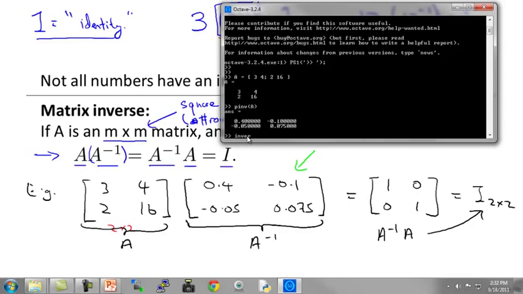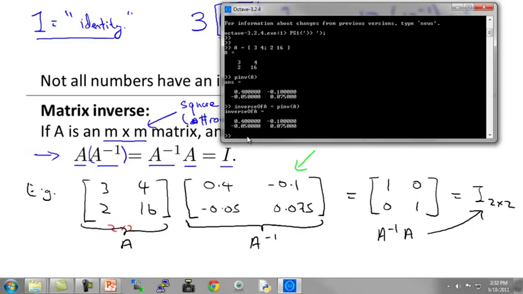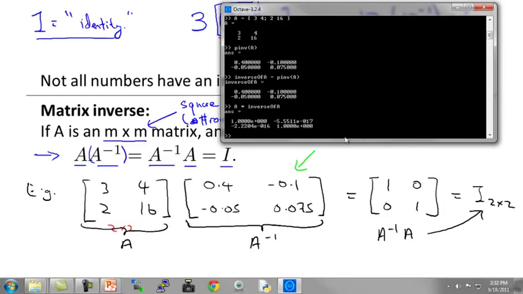So let me write inverse of A equals pinv of A. I can now just verify that A times A inverse is the identity. A times inverse of A, and the result of that is this matrix, which has 1, 1 on the diagonal, and essentially 10 to the minus 17, 10 to the minus 16 elsewhere.